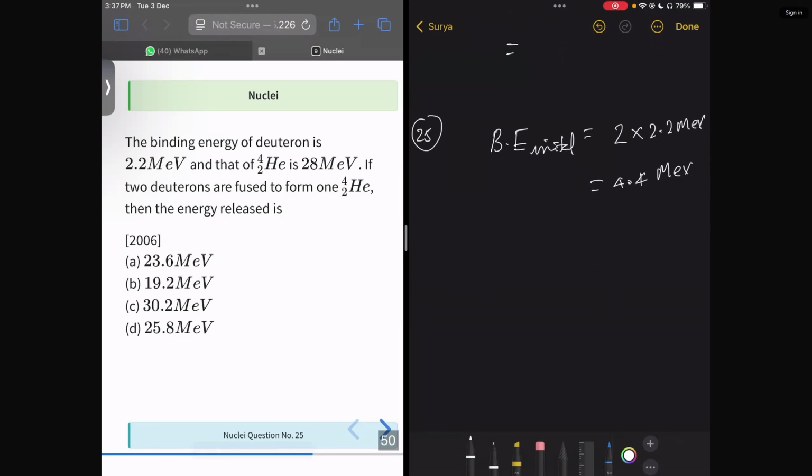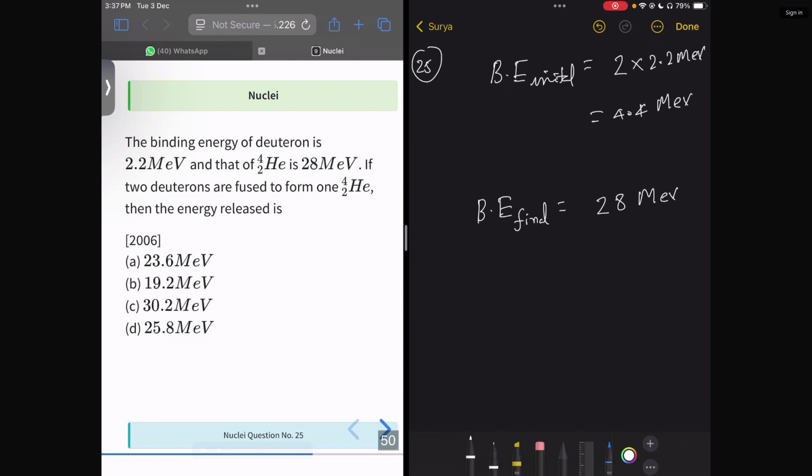So the total binding energy of the final nucleus, helium 4, will be 28 million electron volts. So the energy released will be 28 minus 4.4. The energy released in the fusion process is the difference between the final binding energy and the initial binding energy.